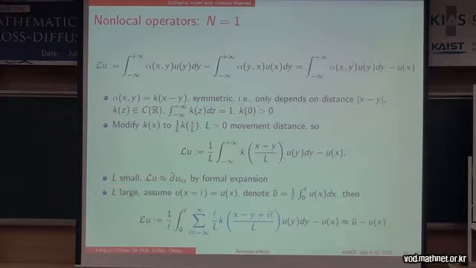If this capital L is very large, moreover, we assume some periodic assumption on U, then this operator can be rewritten in this way. The blue part I mark here formally goes to the integral of K over the whole domain, which is 1. So I have this form.